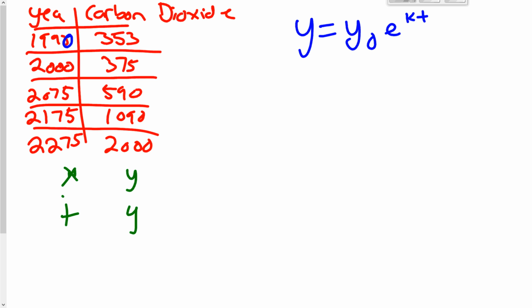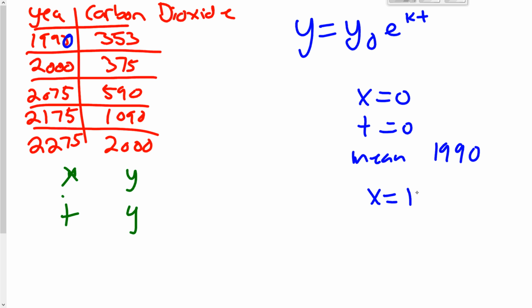So you can let x equals 0 or t equals 0 mean 1990. That means if x equals 1, that'd be 1991. If x equals 10, that'd be the year 2000. So let's plug in at year 0, what is my initial amount?